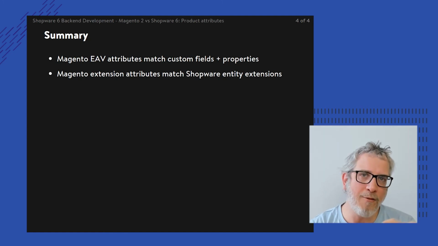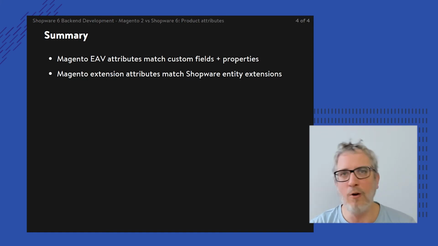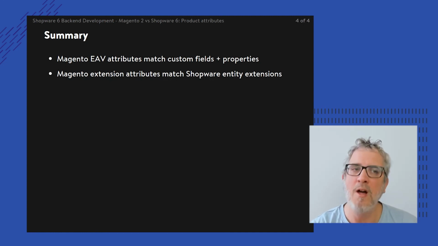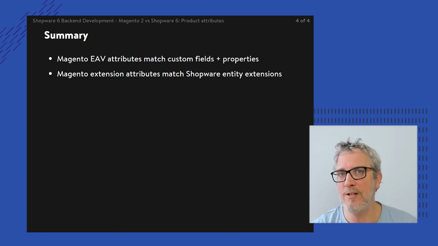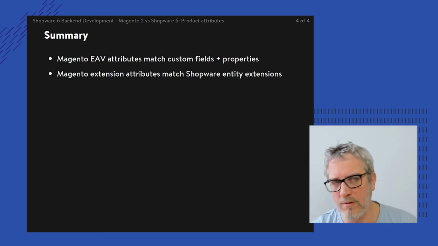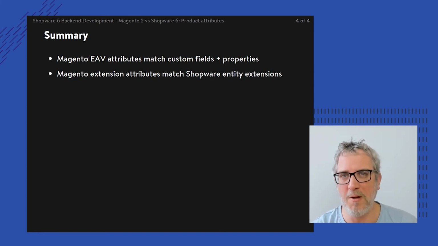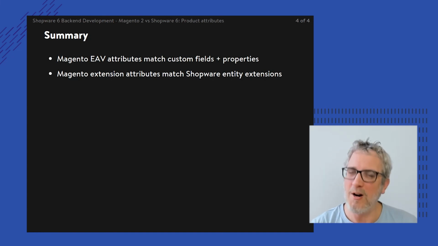Well, comparing that with Shopware, if you take a look at the database structure of Shopware, you could say that about 80% of all of the database tables correspond with real entities. And all of those entities are extensible by using entity extensions. And the most important of them are also extensible by using custom fields.